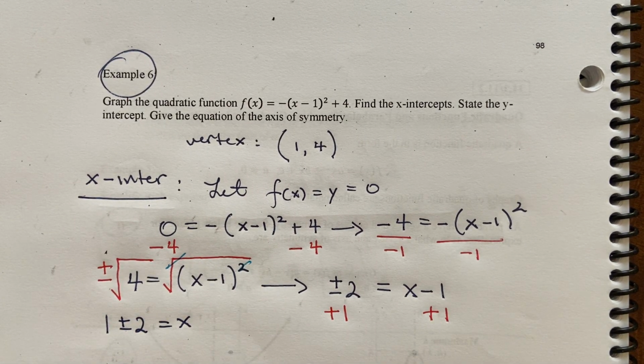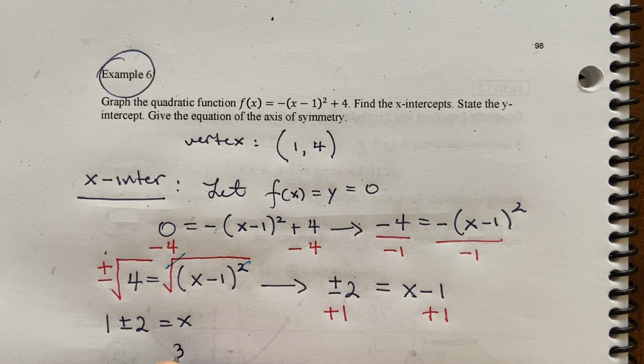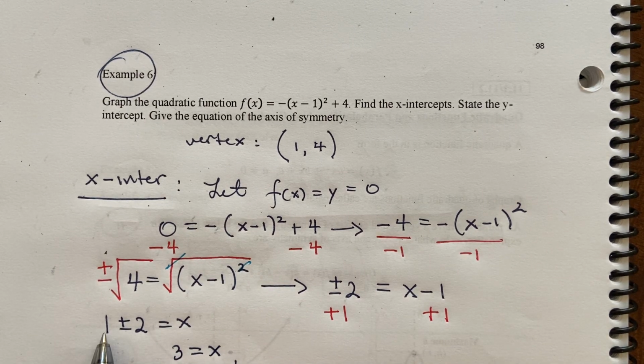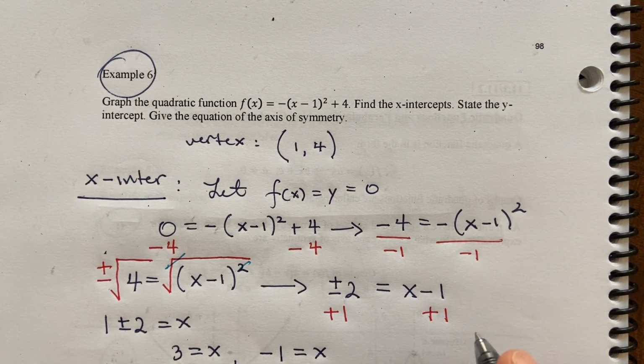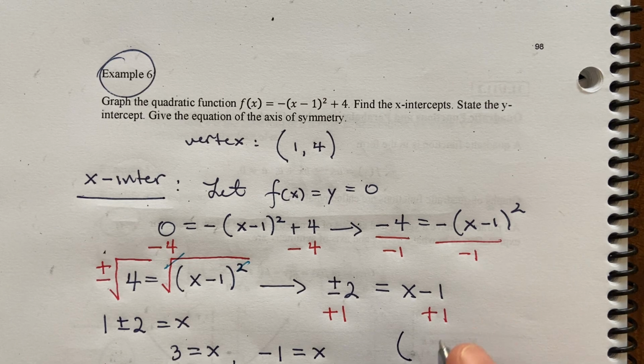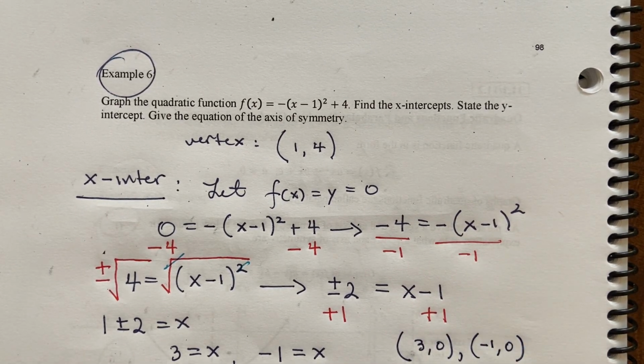In other words, our solutions, which are the x-intercepts, come from taking 1 plus 2, so I'm getting 3 equals x, and then 1 minus 2, so I'm also getting negative 1 equals x. So we have x-intercepts at (3, 0) and at (negative 1, 0).